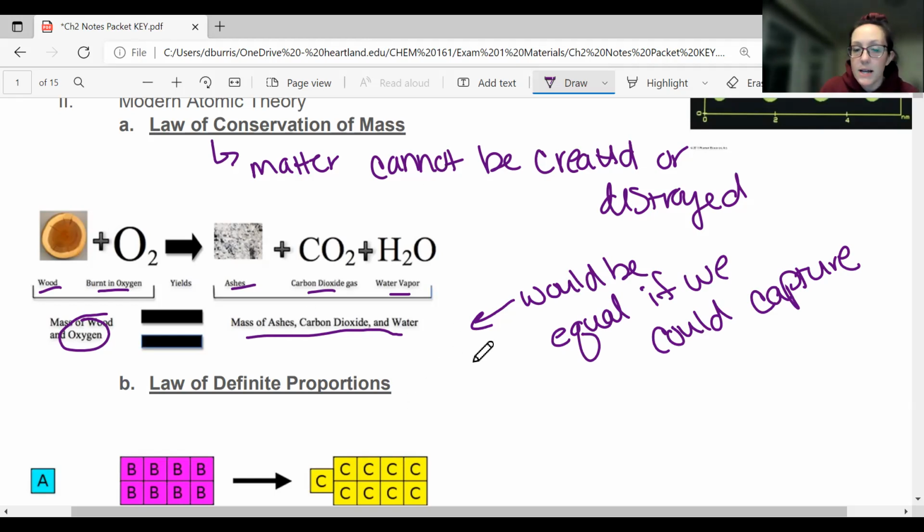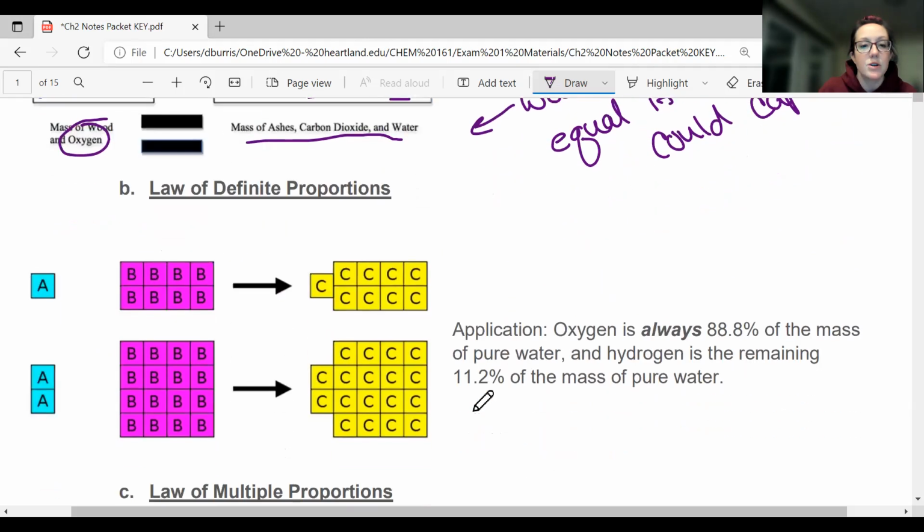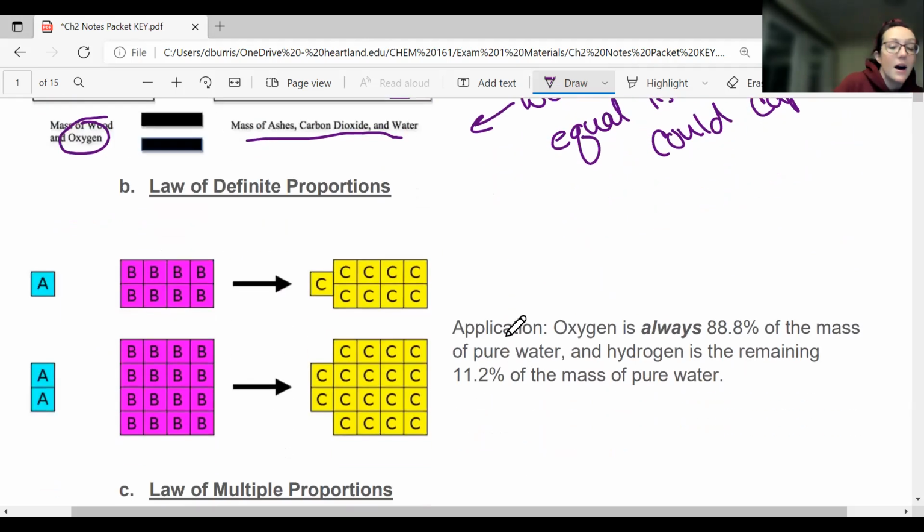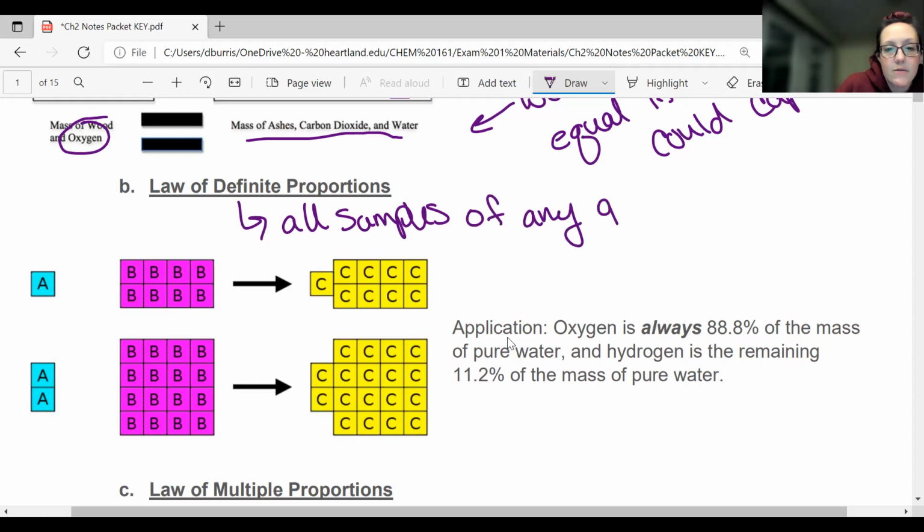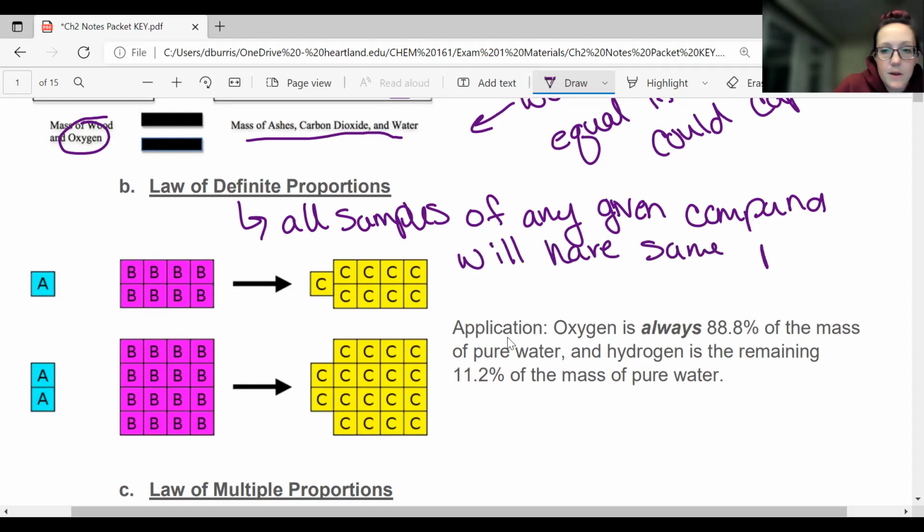Okay, there's a couple other laws that govern exactly what we see in chemistry. The first being the law of definite proportions, which has to do with what it sounds like, proportions or ratios. Essentially it says that all samples of any given compound will have the same proportion of elements.